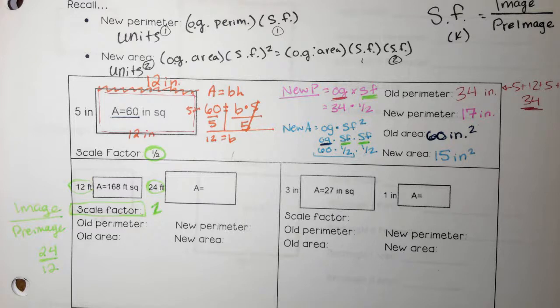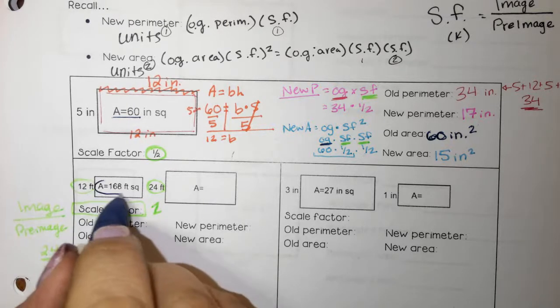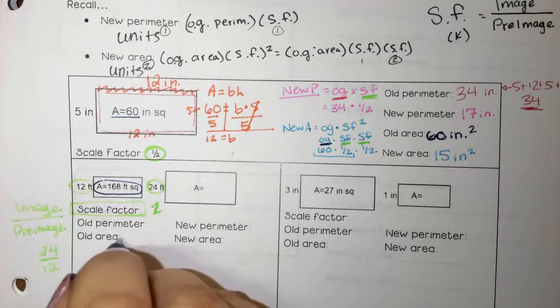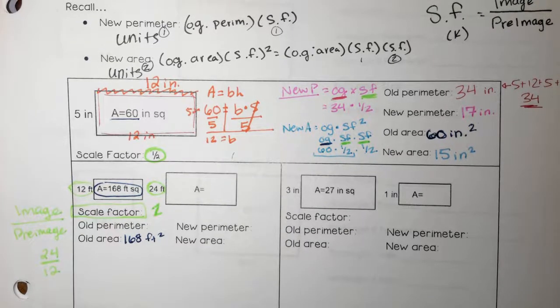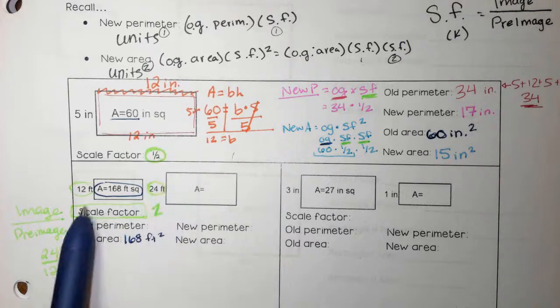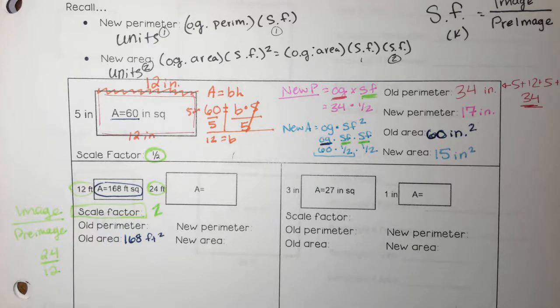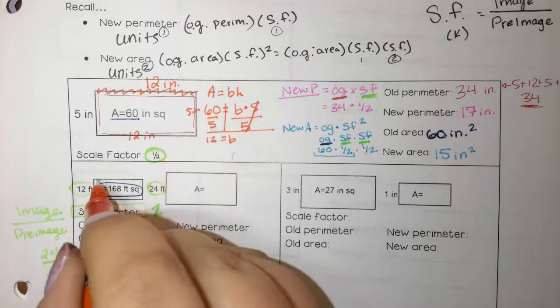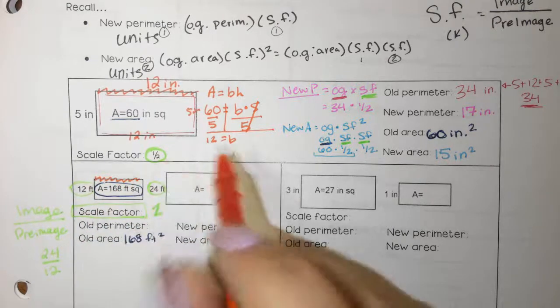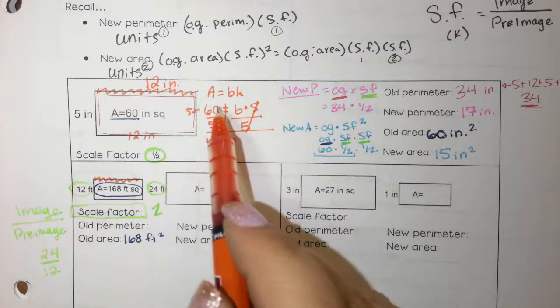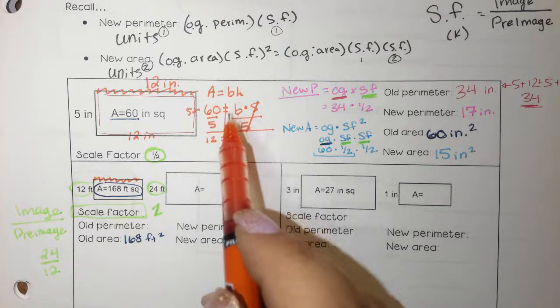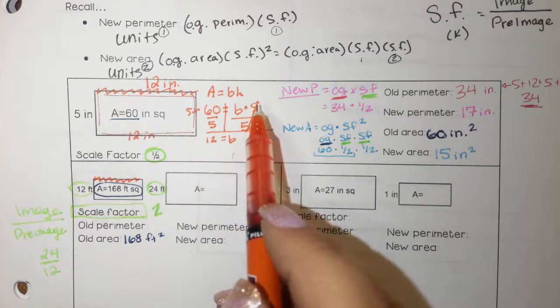Now here again, they've told us the original area was 168 feet squared. I'm left to find the perimeter, and just like in that first example, I have the height, but I don't have that base, so we'll remind ourselves area is base times height. So 168 would equal the base times 12.